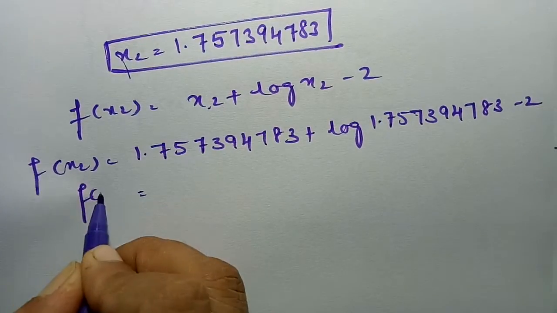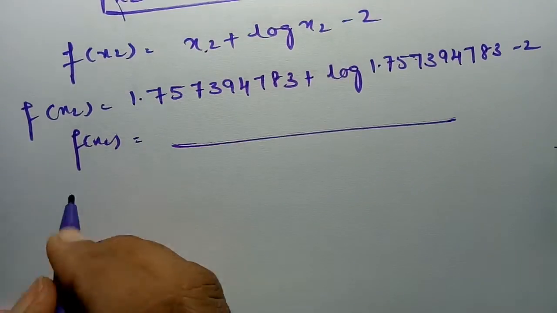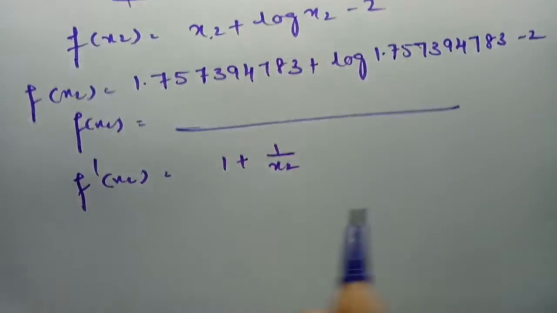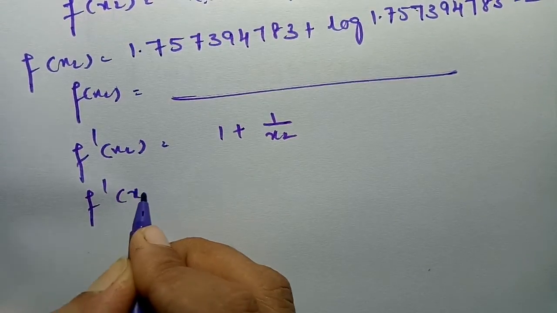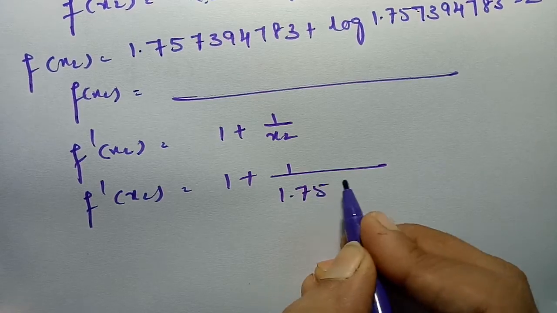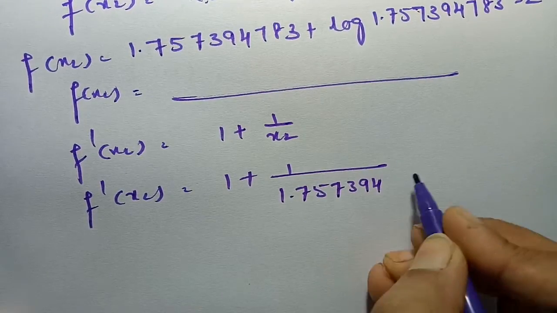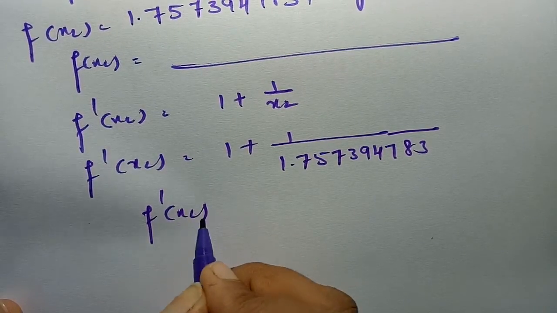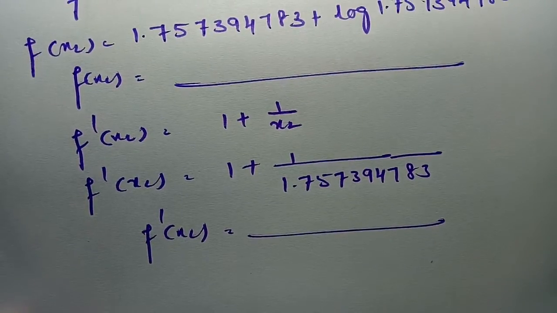And f dash of x2 will be 1 plus 1 by x2, so 1 plus 1 by 1.757394783. So we have to calculate all these values.